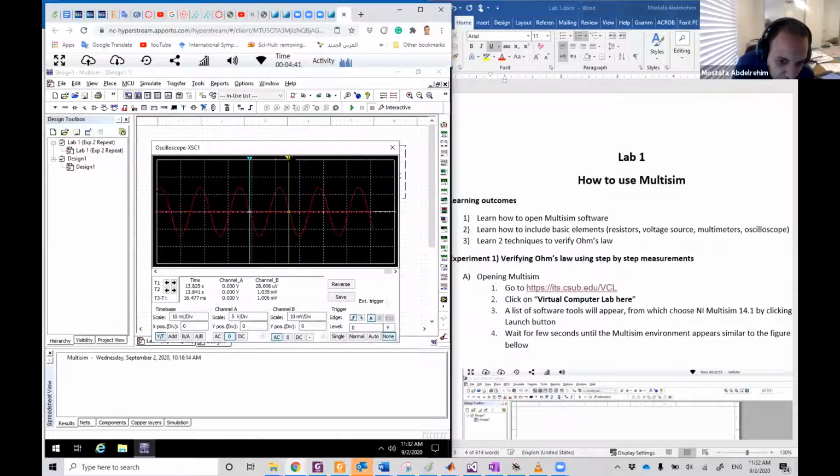If we move forward, it will increase. Look. And this point is at that time here. By the way, you can just subtract them from each other, and this will give you the period of the signal. Okay.